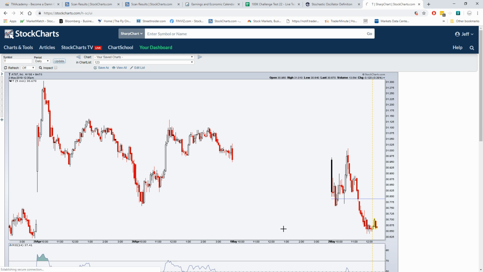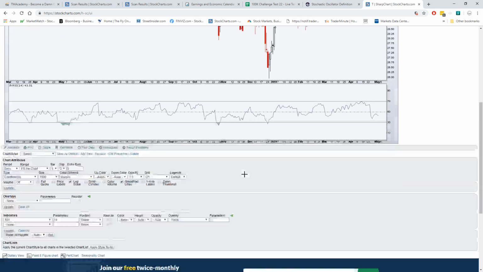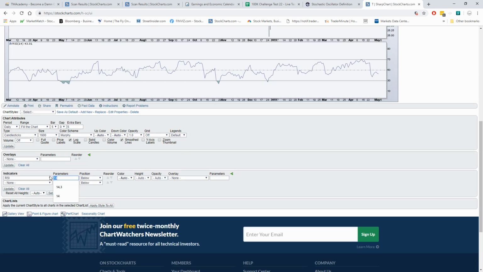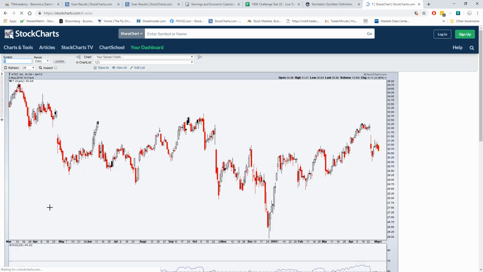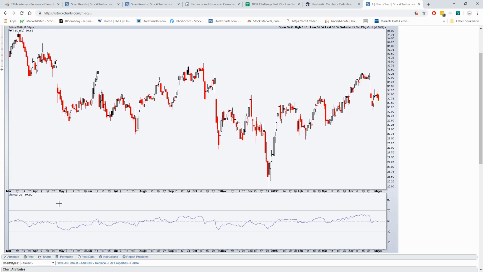What do I mean? Well, if you're looking to use it from an investor standpoint, 14 days, that's pretty small. Back that out. Put on a 28-day, right? If you're just looking for longer-term trends in the indicator, back it out to 28 days.